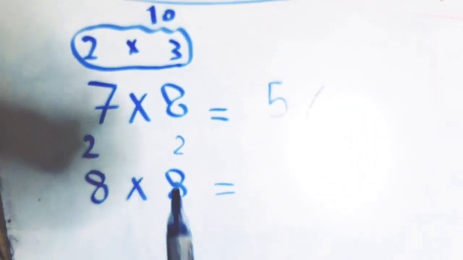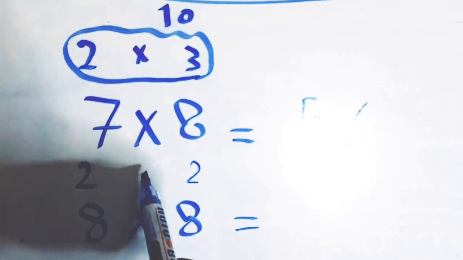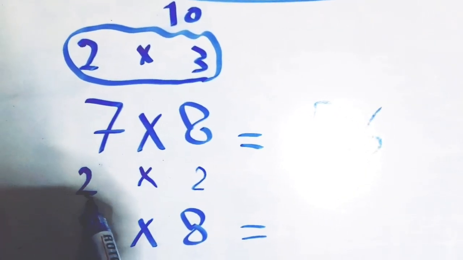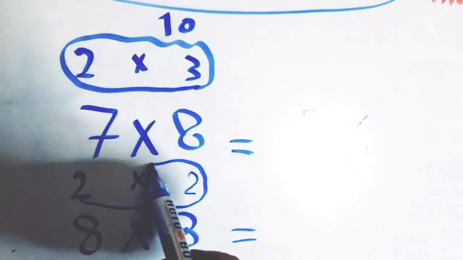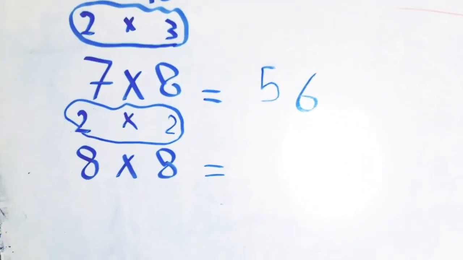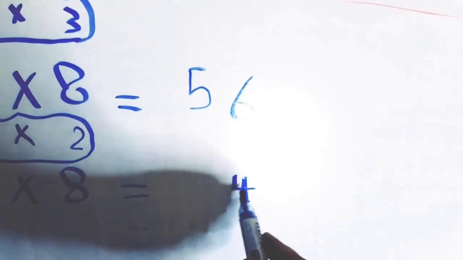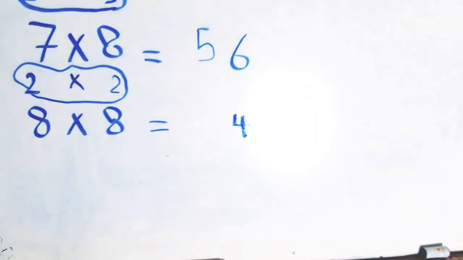Now we have two raised digits. We multiply the raised digits. 2 times 2 equals 4. We write 4 at the units place.